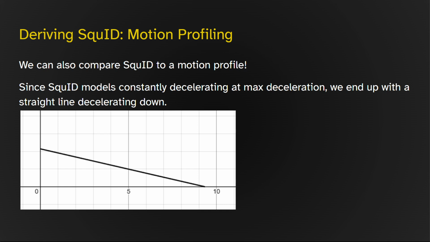So we can compare SquID to the motion profile. We start with this straight line, because SquID models constantly decelerating at max deceleration because we're trying to slow down as fast as possible. So that would look like this straight downward sloped line, because we're going to start as fast as we can while still being able to stop in time, and then we're just going to slow down as fast as we can.